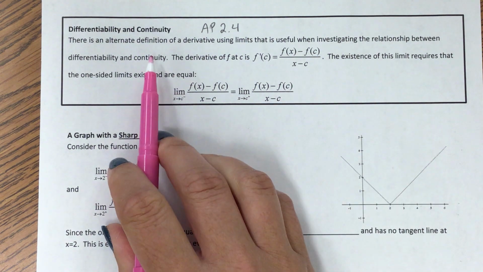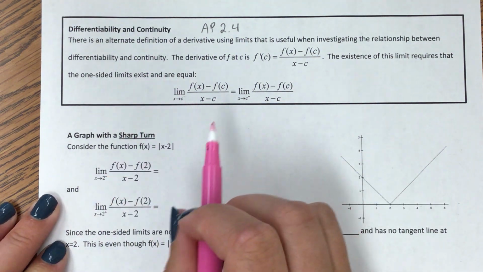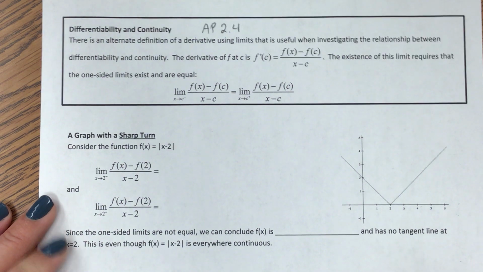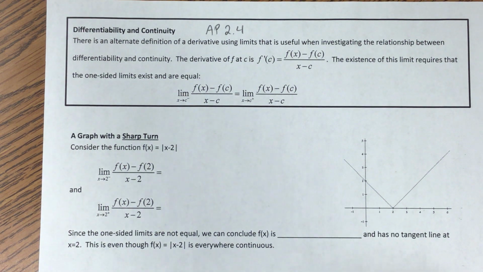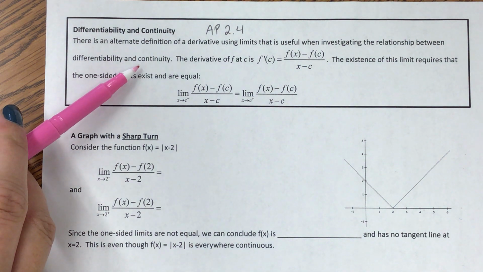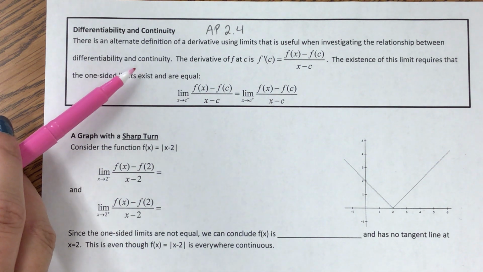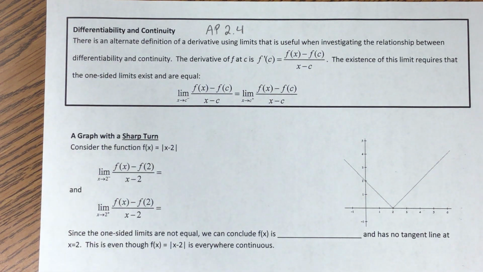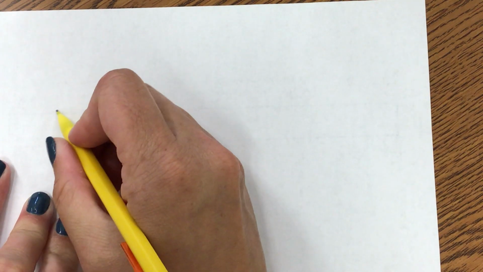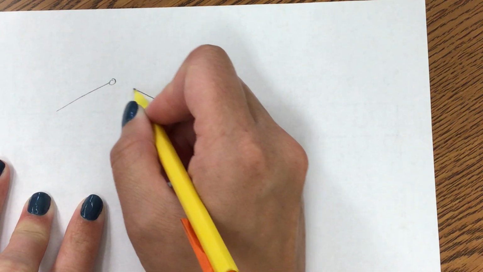Continuity was that the limits of f are equal, right? The limit from the left and the limit from the right give you the same number. Also, we had to have f of c being defined, and that had to actually fill in the hole. So the reminder of what that looks like, I'll draw it out here. The left side and the right side had to match up.